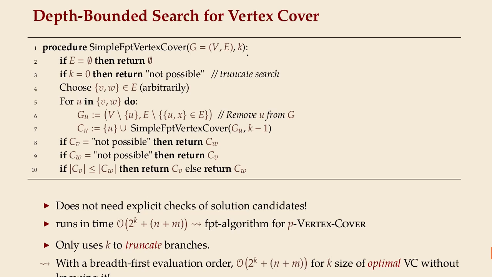So we are given a graph and a threshold, but we would like to have an optimal vertex cover, and not only a yes/no as an answer. But the not possible answers that you see here essentially should say not possible with k vertices. So it's a conditional not possible, but since the user inputs the k, he or she is able to interpret.